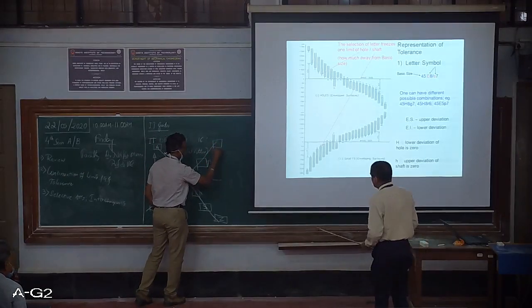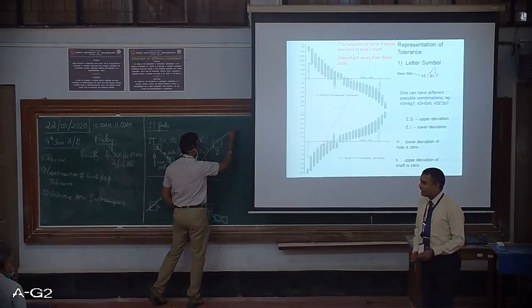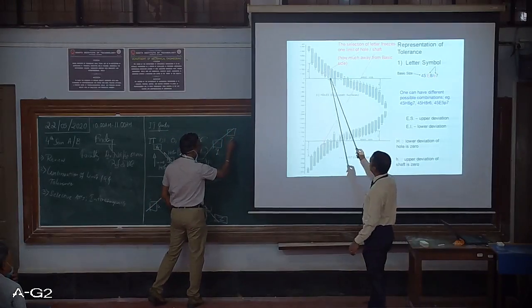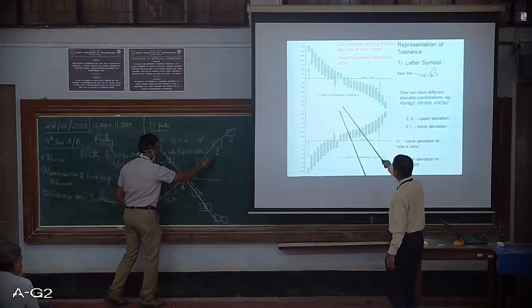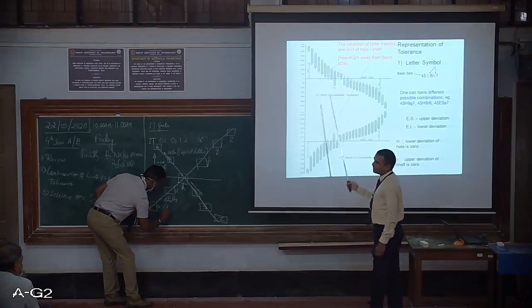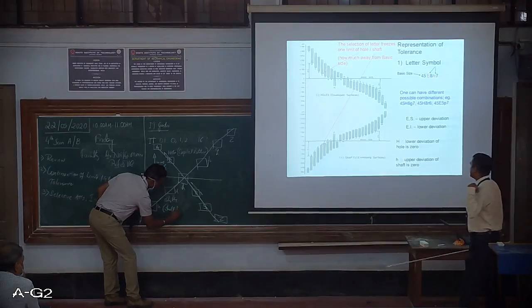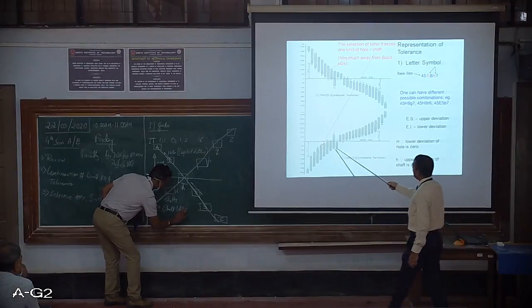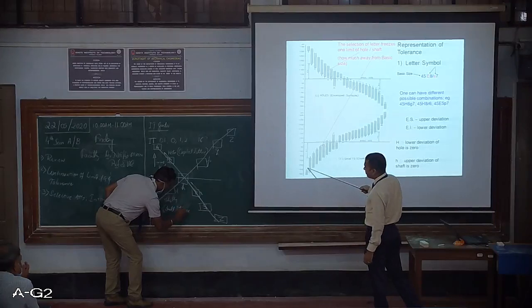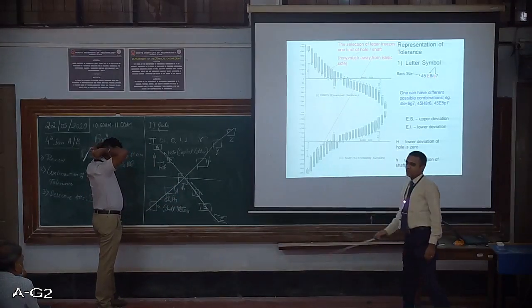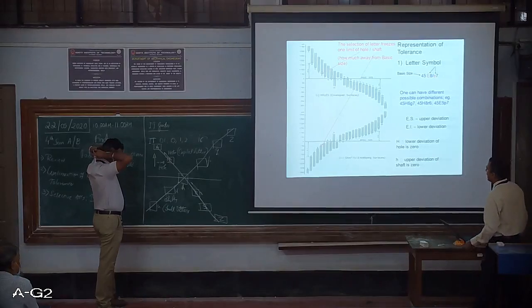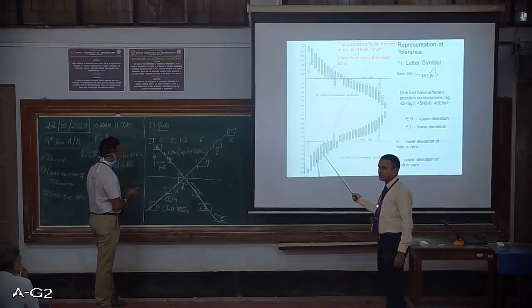So as discussed yesterday, sir had mentioned that anything up to H, you can say it can be a clearance fit. H is basically the hole basis system, capital H, and anything before H with respect to shaft, A to G, will be clearance fit, and anything after J, isn't it, sir?